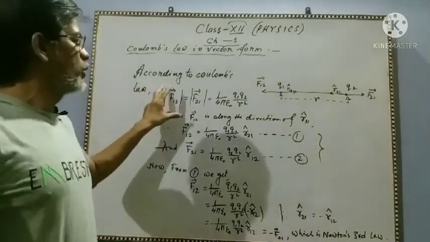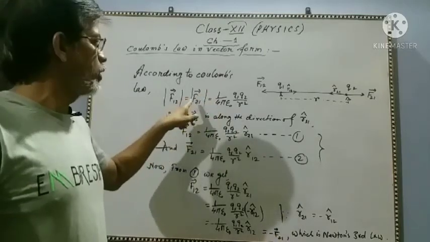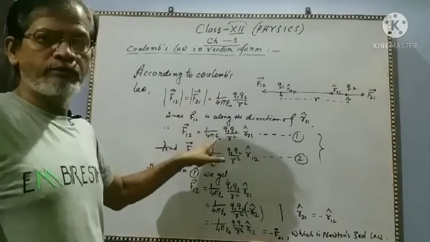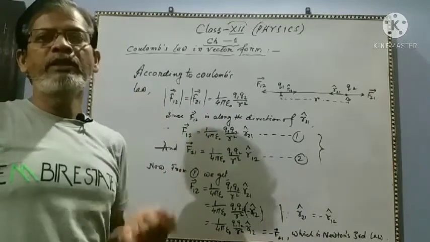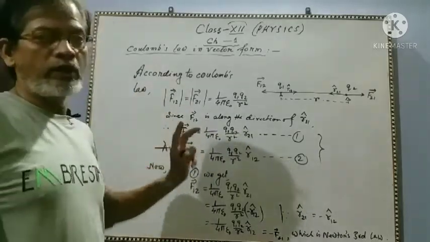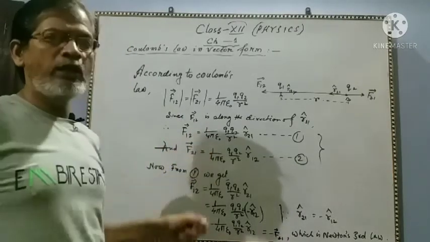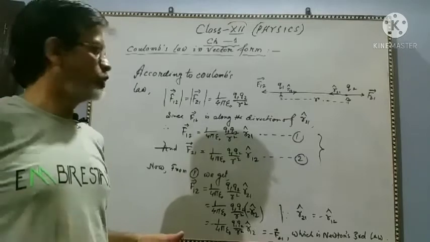So first we have got Coulomb's law in vector form only by multiplying unit vector, and then any one equation you use, either this one or this one, any one equation you can choose.